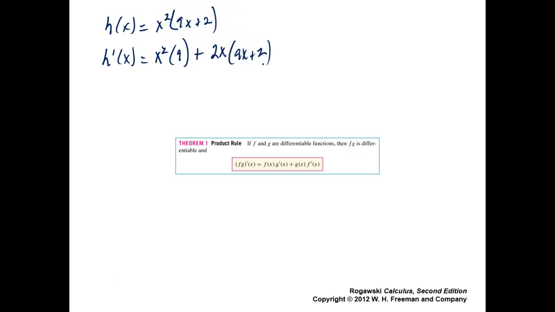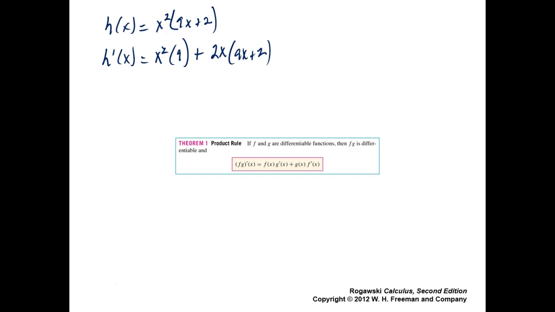Two functions. This one times that one. The first times the derivative of the second plus the second times the derivative of the first.